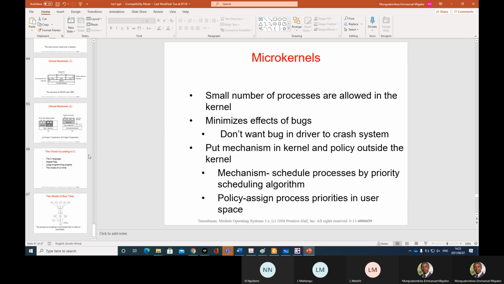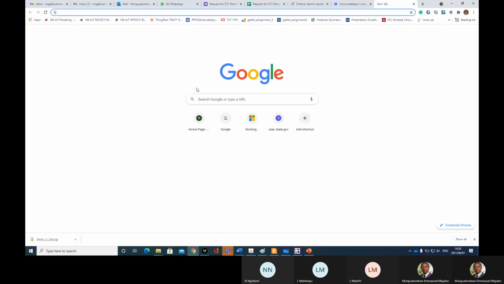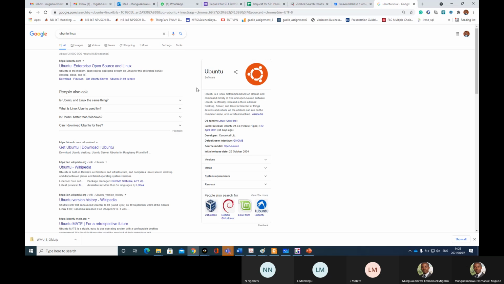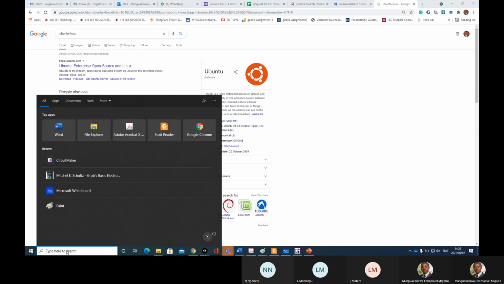So what I want you to do today is to be able to install Ubuntu Linux. We'll use that. I don't want you to clean your computer, but I want you to create a virtual machine. I hope on your personal computers you've got enough space for that. Because as you noticed, they say we won't go back to face-to-face unless needed.